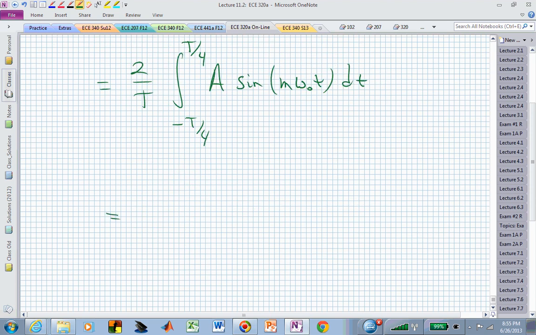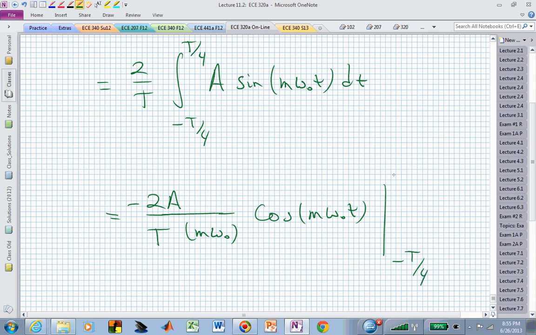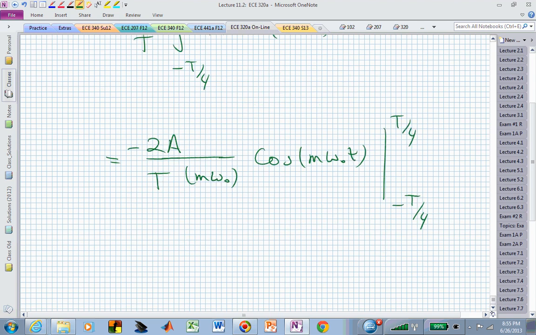We can now integrate that, and again this is similar to what we've already done, except now we have to integrate the sine, which is minus a cosine, and we'll evaluate that at the lower and upper limits, and hopefully now you're starting to see what's going to happen.